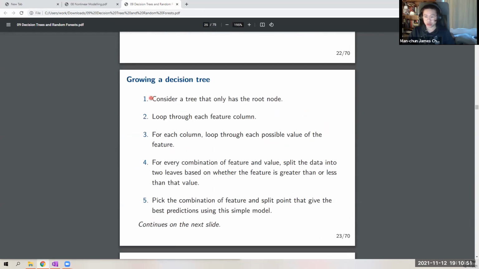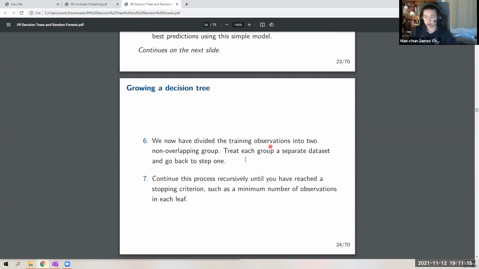Make sure you know the idea of growing a decision tree. Knowing every single line is not very important, but understanding the general idea is. You take a tree node and split on one of the variables, and you choose the variables greedily.